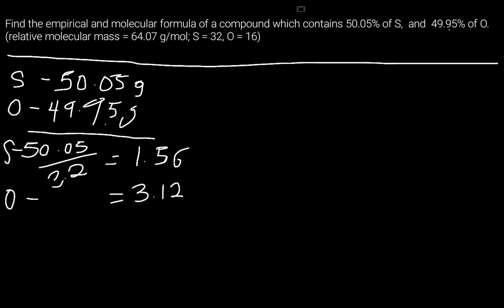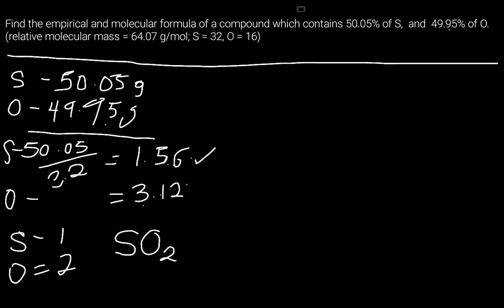We use the smallest, which is 1.56, and divide both of these by it. For sulfur, 1.56 divided by 1.56 gives 1, while for oxygen, 3.12 divided by 1.56 gives 2. So our empirical formula will be sulfur 1 and oxygen 2, so it will be SO2.